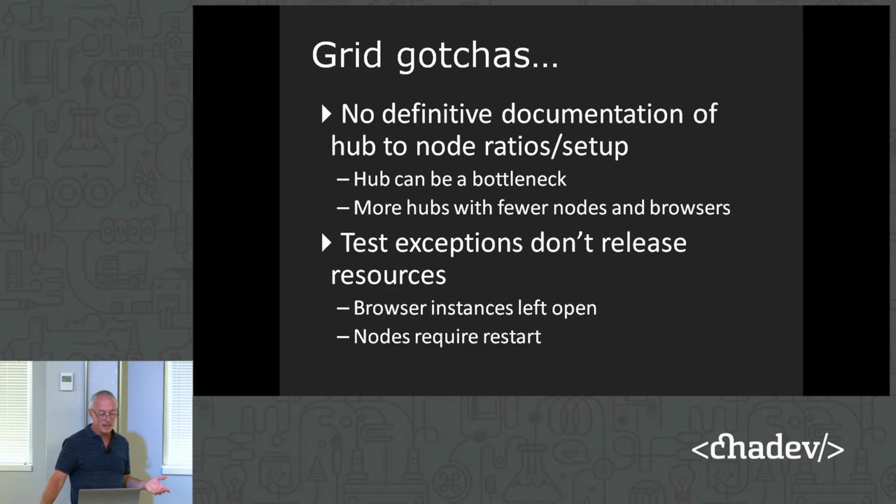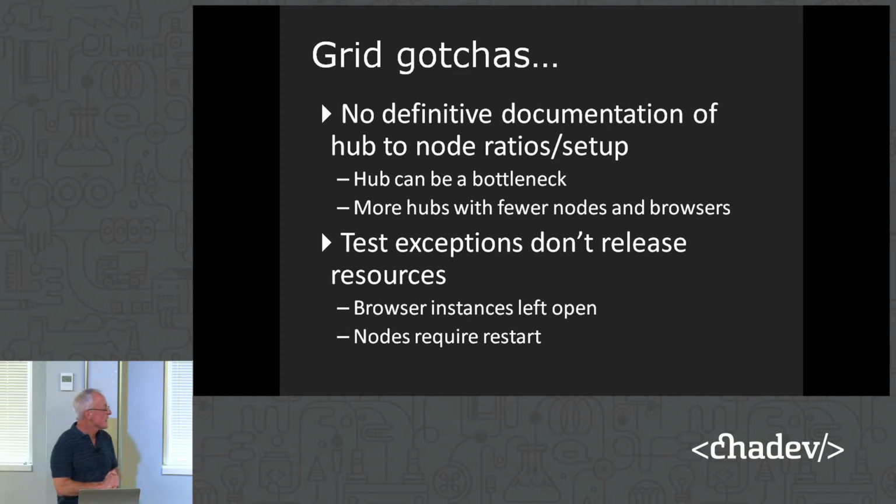What we are finding is that the hub can be a bottleneck, so you don't want a hub with 50 nodes on it, because all that traffic is going to go through that one dispatcher. You probably want more hubs with fewer nodes, so maybe a 1:4, 1:6 ratio. Don't have too many instances of browsers on a node. So again, you have to experiment with that. And if any of you can find this documented somewhere, please send it to me. I'd love to see it.